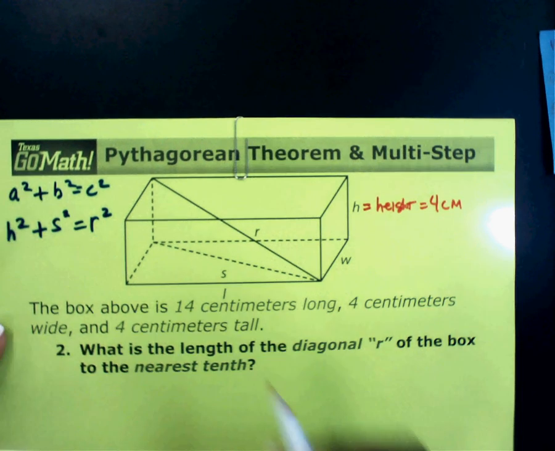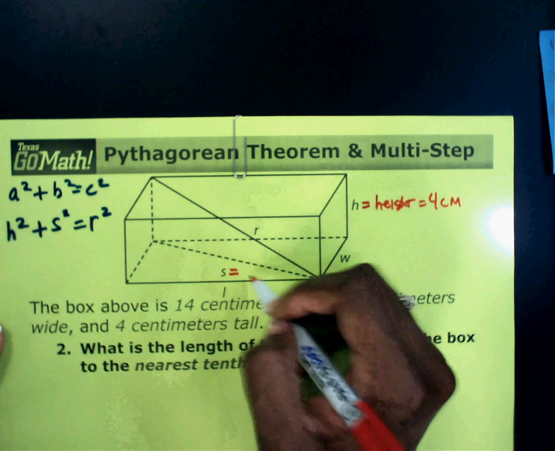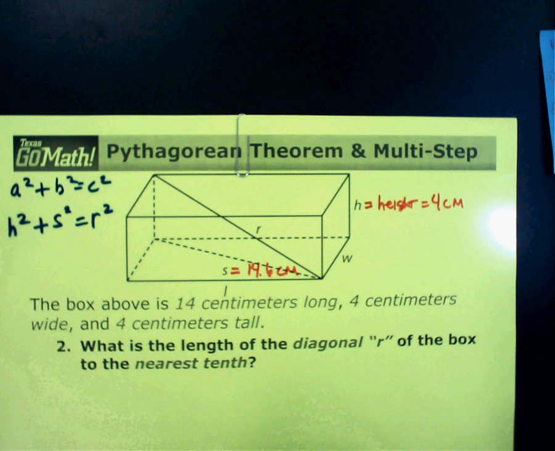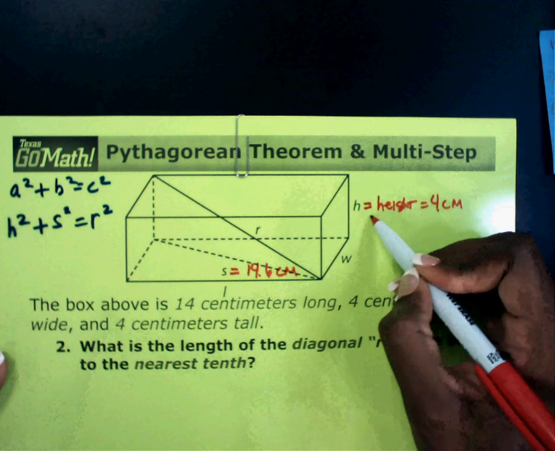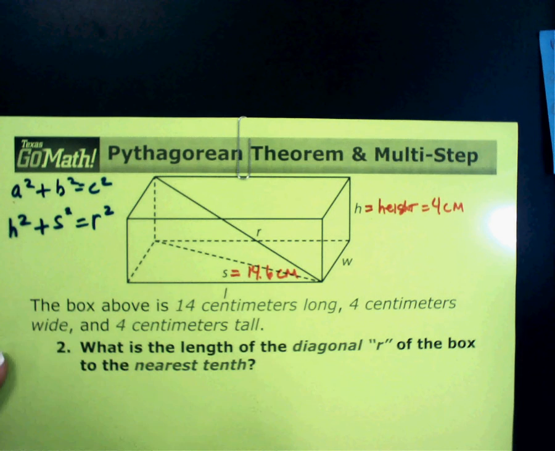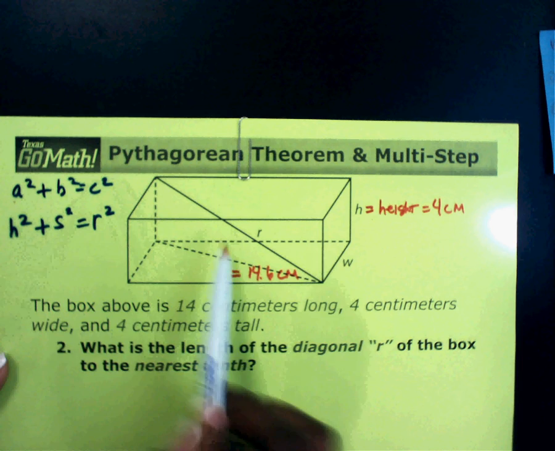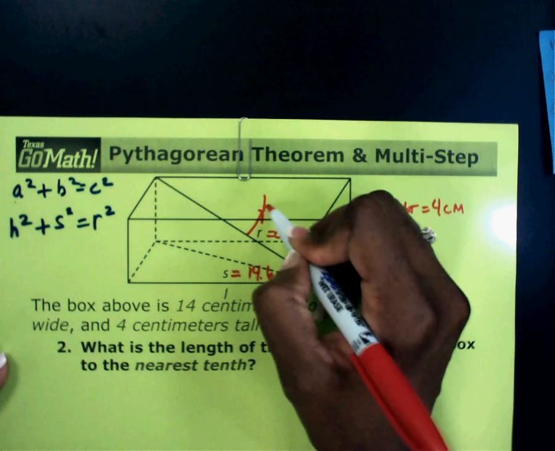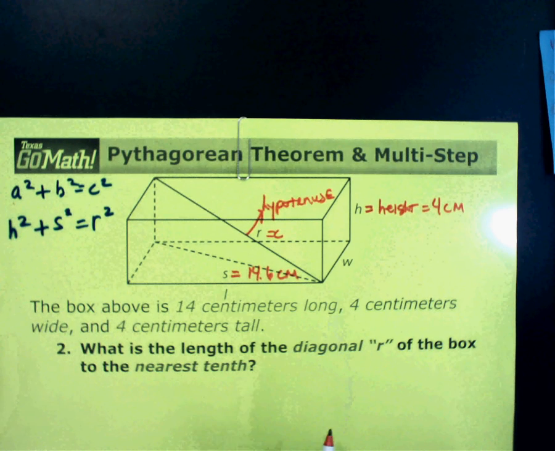And we found in our first step that S is equal to 14 and 6/10 centimeters. Now because we have both our A and our B, we can figure out what is C, or what is our R, the hypotenuse. This is our C, our hypotenuse. So now we can figure out what R is.